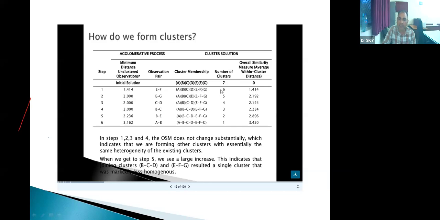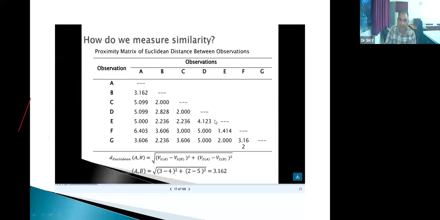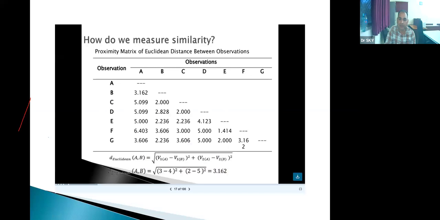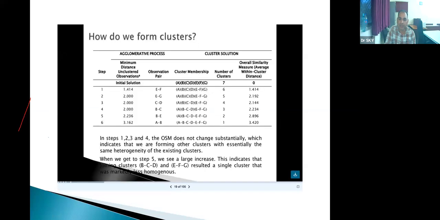So here there are 6 clusters, then we add the next one, EF with G, at the next step, then it is 5. So G is very similar to E and F, as we can see from this. G is having distance 2. So this way we can add.